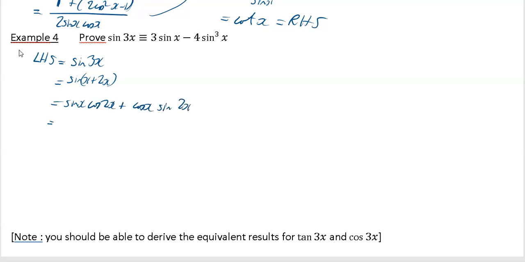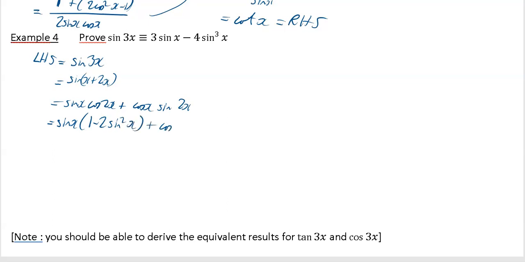And what we're going to do then is expand this thing here. So notice, look again, look where we're going to. Our right hand side is completely in terms of sine. So I'm going to write my cos 2x in the version that is just to do with sine. You would get there eventually if you do it the other way, but it makes it much more efficient if you do it this way. So I'm going to go straight to the sine version, which is 1 minus 2 sine squared x.